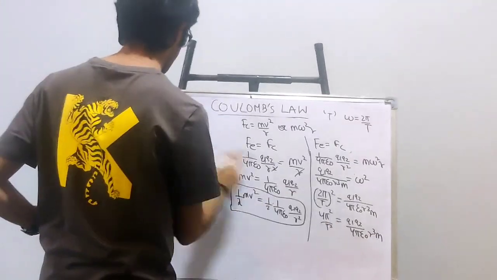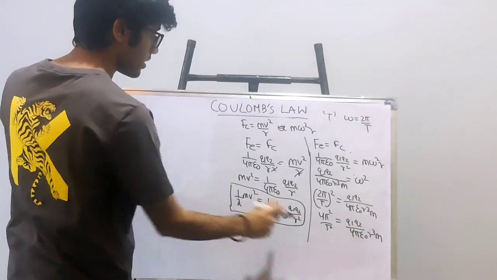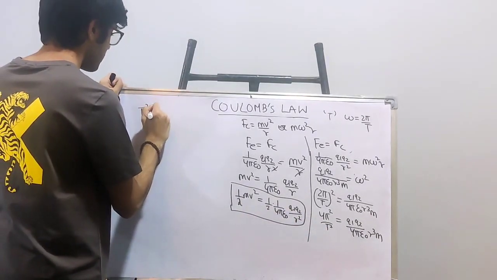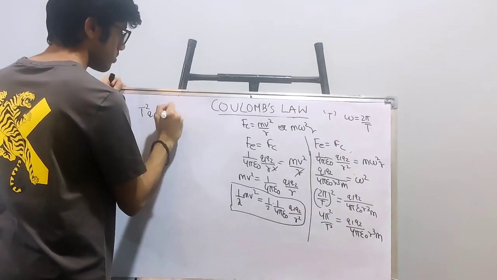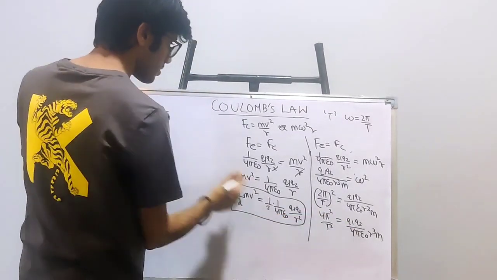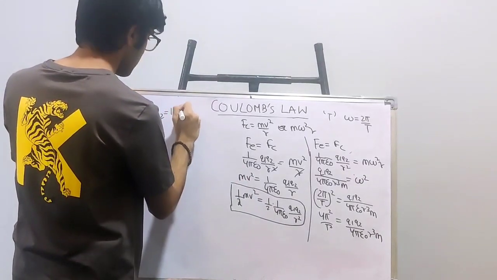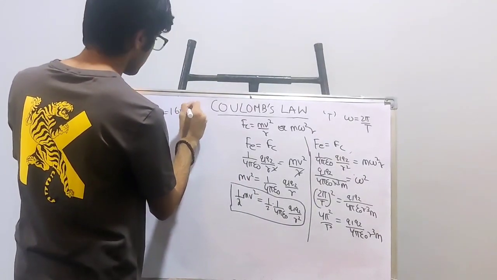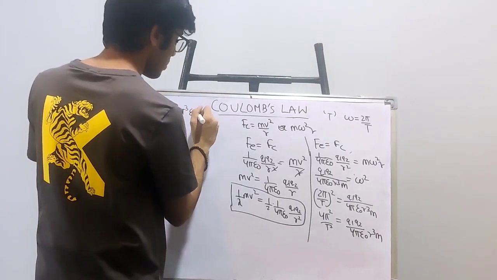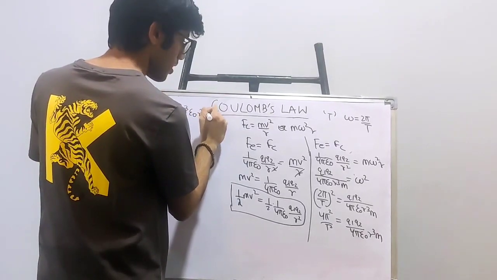So we need to calculate the time period, right? When we cross multiply, we get T square q1 q2 is equal to 4 pi square into this thing, so we will get 16 pi cube epsilon naught r cube m.